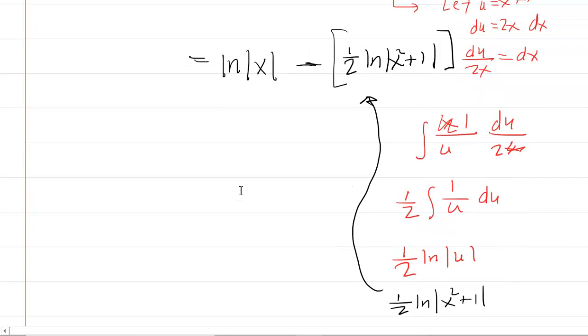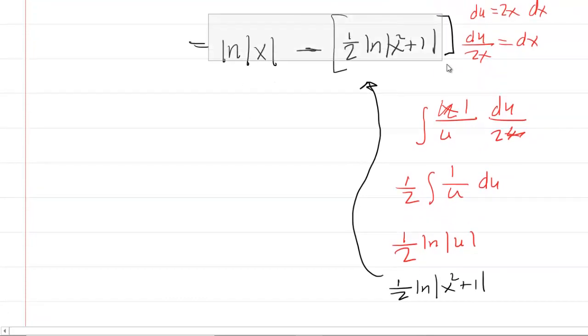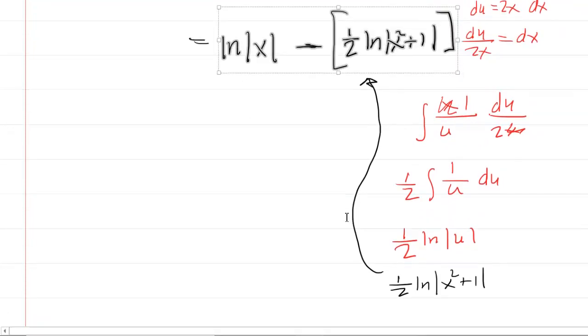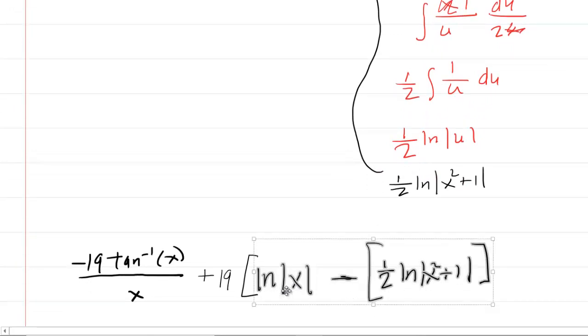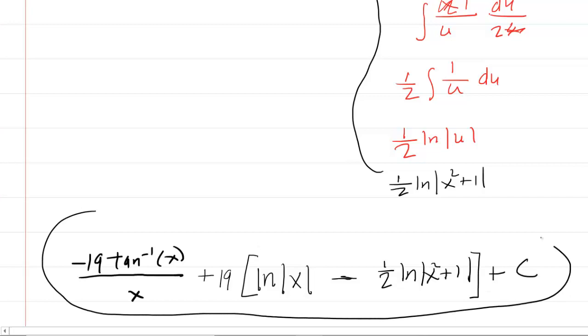So it's going to be 19 multiplied by this expression right here. And there we have the answer to our integral. I suppose we don't really need these brackets anymore, so we can drop those. Maybe put a bracket here, include your constant of integration, and you have yourself the answer to the original integral.